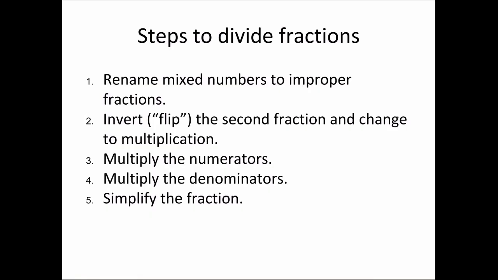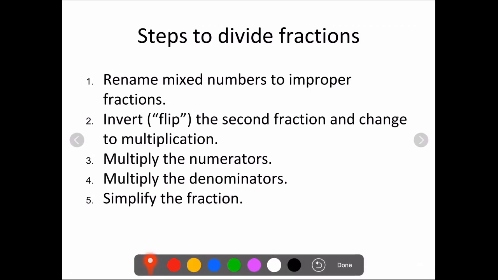Okay? So what are our steps? Steps to divide fractions. Step number 1 is rename the mixed numbers to improper fractions. So if we have 2 and 1/2, we want to change that to 1/2 plus 4 halves. 4 halves is 2, so we want to change that to 5 halves.